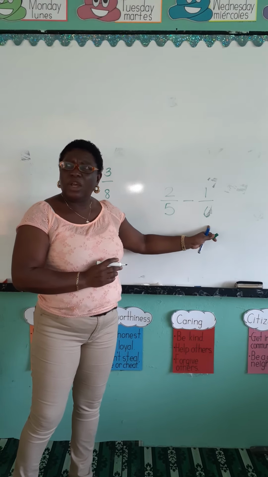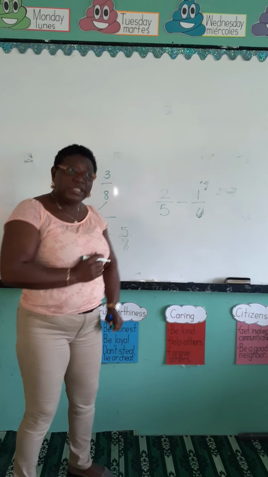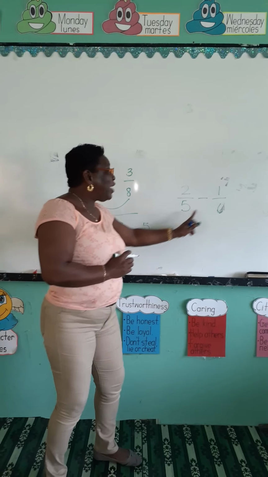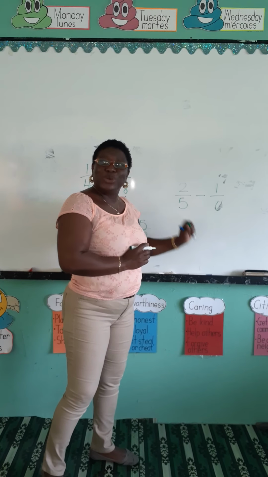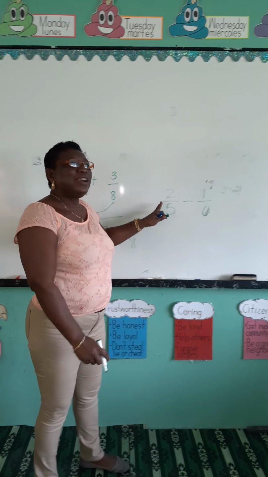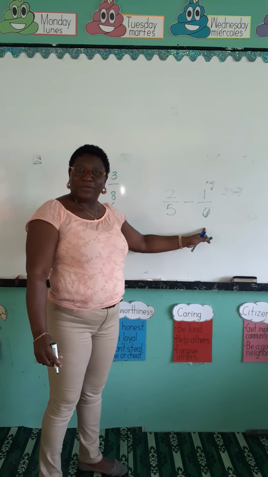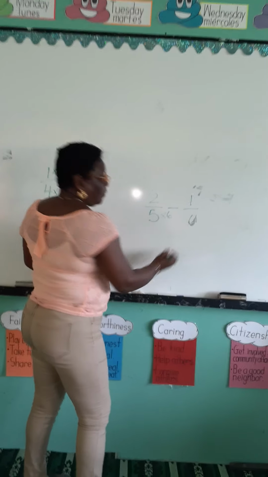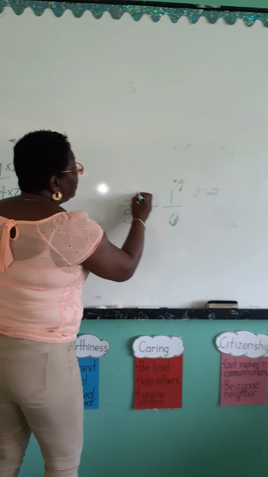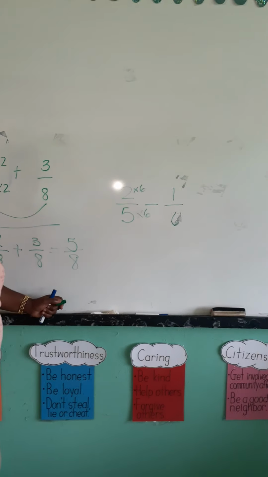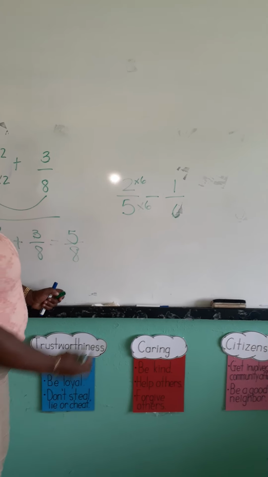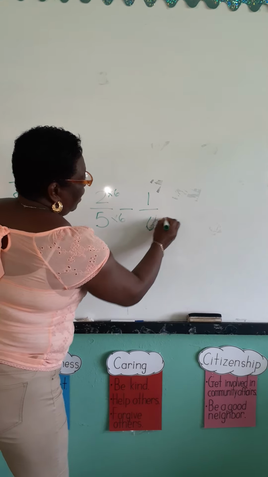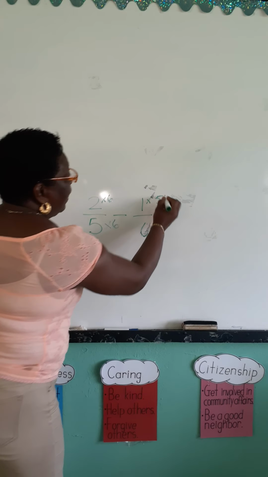Is there any? No. So right away, you know that you will multiply your two denominators to get your lowest common denominator. So we multiply 5 times 6, and we multiply 2 times 6. And then we multiply 6 times 5, and we multiply 1 times 5.